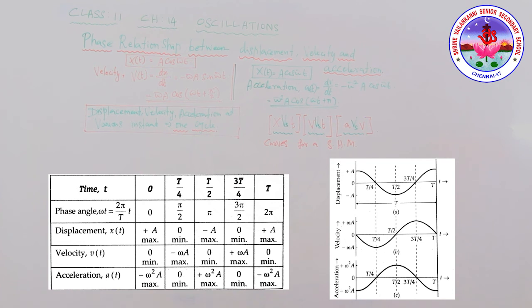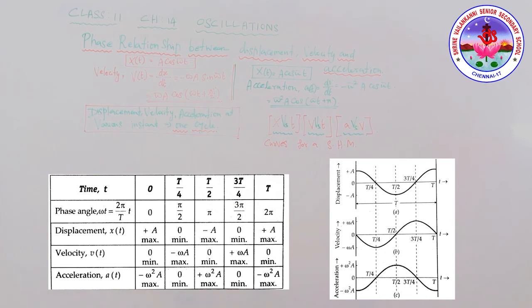For the displacement, x of t is plus a maximum, then it goes to 0 at T by 4, then it is minus a at T by 2, and again reaches 0 at 3T by 4, then plus a maximum.